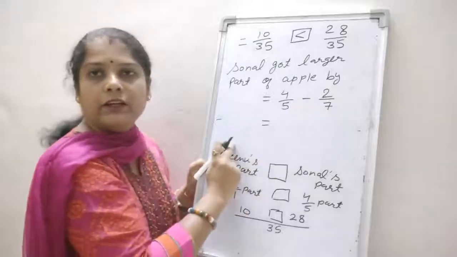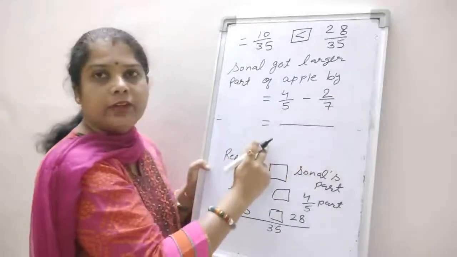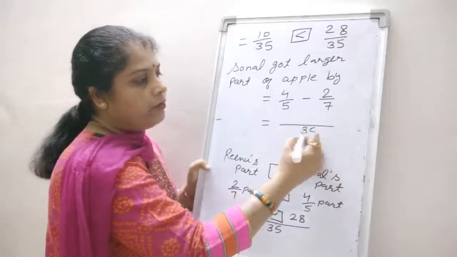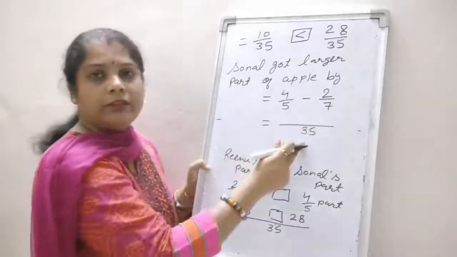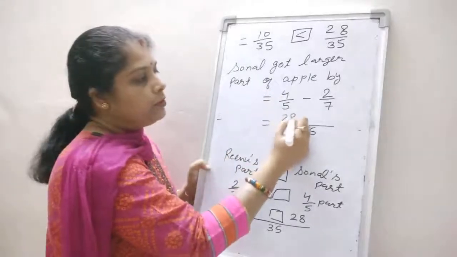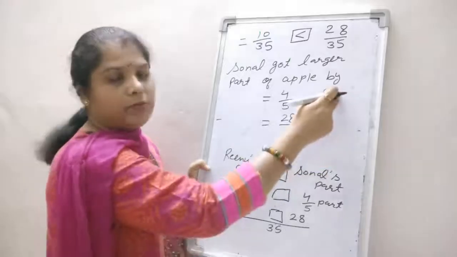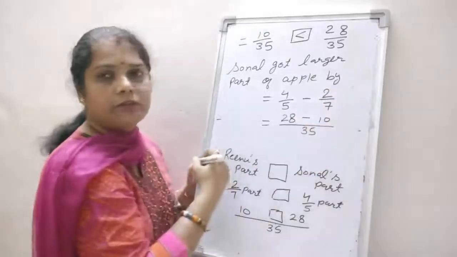Now again these are unlike fractions. Take the LCM. LCM of 5 and 7 will be 35 only. 5 sevens are 35 and 7 multiplied by 4. 7 fours are 28 minus 7 fives are 35, 5 multiplied by 2. 5 twos are 10.